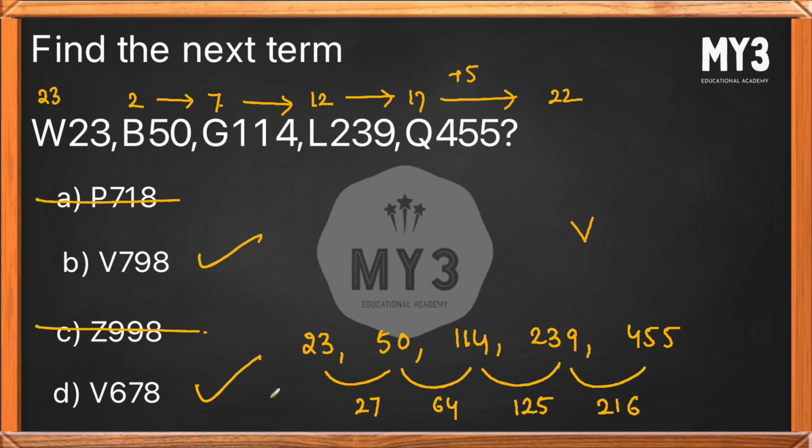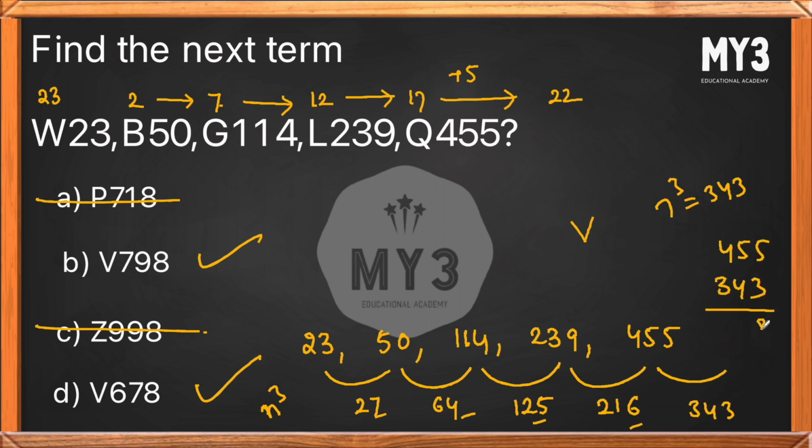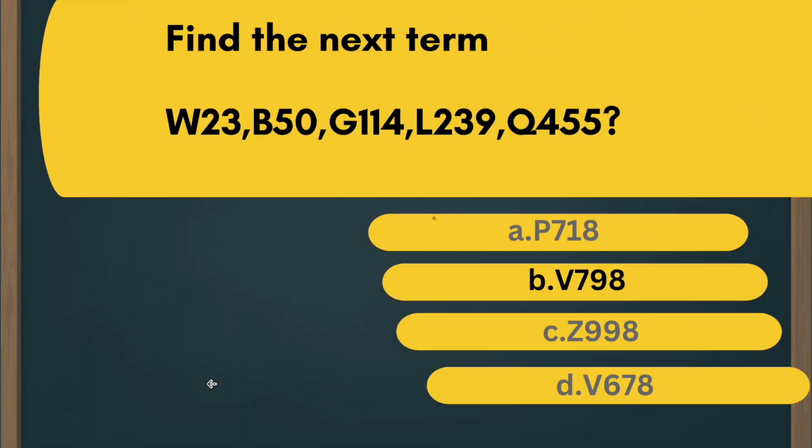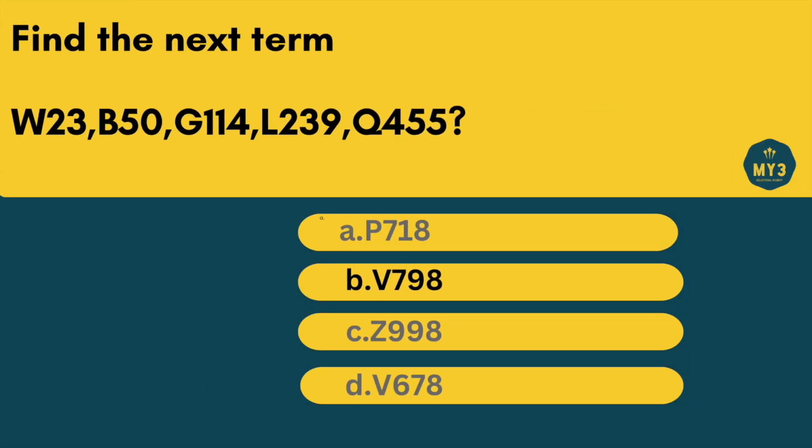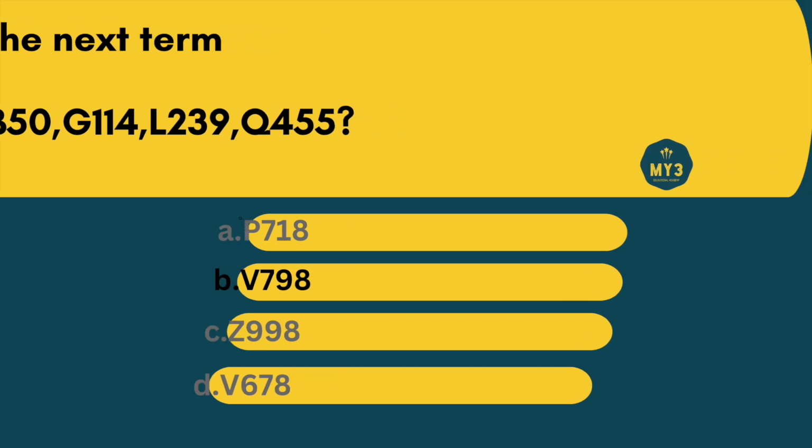So you can observe these are the cube numbers. 3 cube, 4 cube, 5 cube, 6 cube. The next difference is going to be 7 cube. What is 7 cube value? 343. So the next one should maintain a difference of 343. So your answer choice must be 455 plus 343, which gives a result of 798. Mark the answer as option B. Eliminate option D. Hope you are able to understand. So the answer for the question is going to be option B, 798.